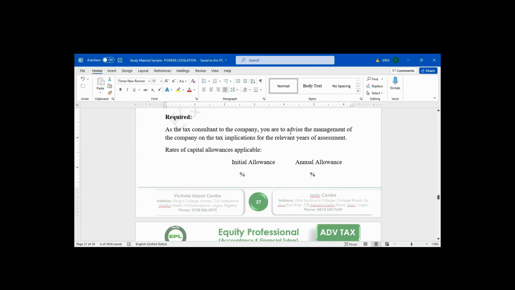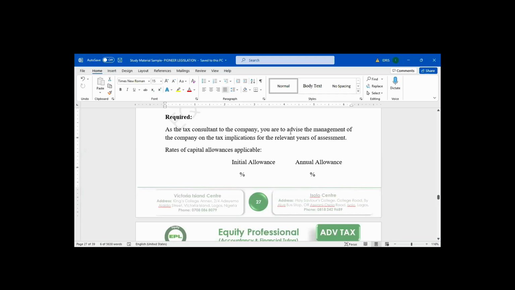In an exam, if you want to start a question like this, as a tax consultant to the company, you have to advise the management on the tax implication. So how do you start the question? That means you need to form a tax consulting firm name or accounting firm name.